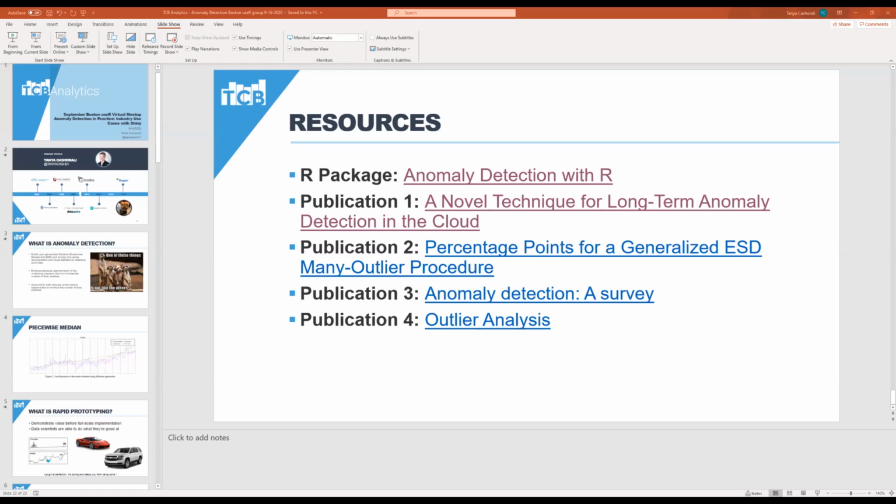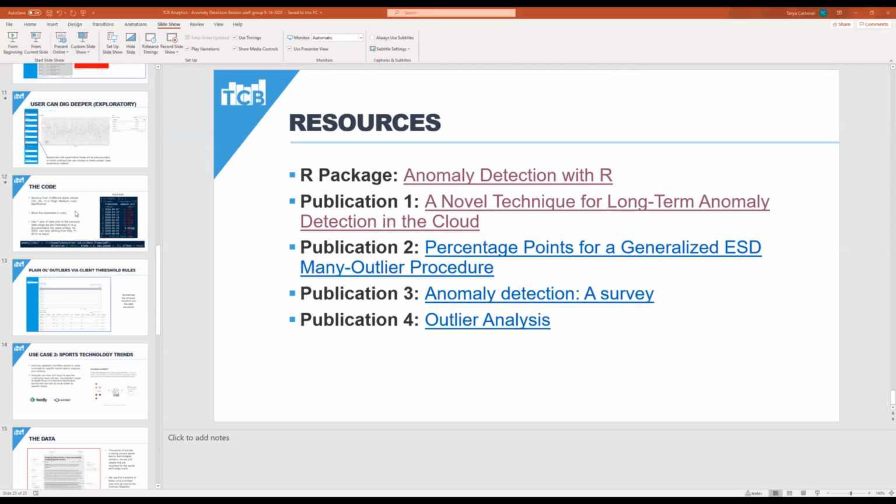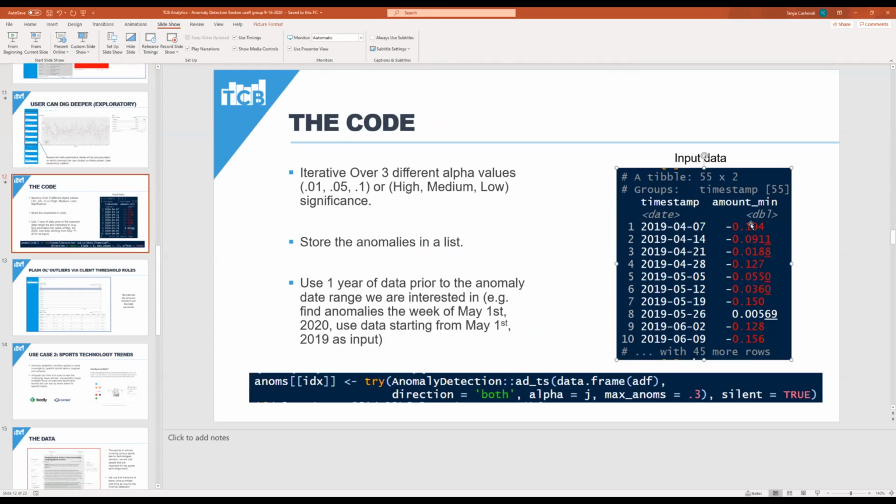I'm happy to answer specifics if you have any use cases you're not sure about, but it's fairly straightforward to use. Here's the input data, and you could even drop the timestamp and just give it a numerical vector. There's also a way to quickly plot the results built into the package, which makes visual inspection really easy.